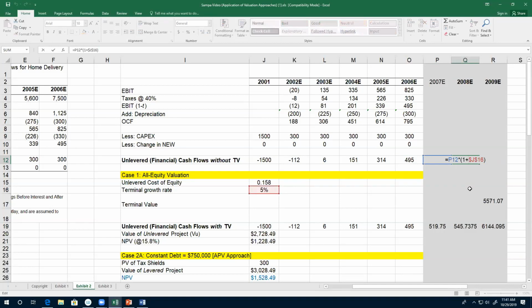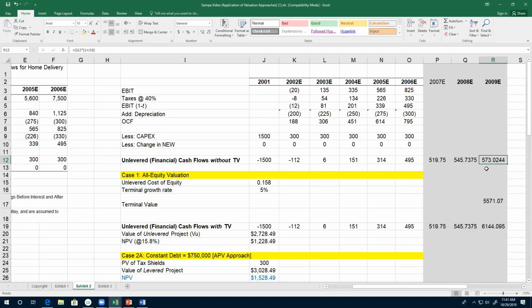For 2008, my cash flow is whatever it is here times 1.05. 2009, it's this guy multiplied by 1.05. In other words, I'm not calculating my terminal value here. Rather, I am explicitly first forecasting financial cash flows for the next 3 years. And then I'm going to calculate my terminal value.